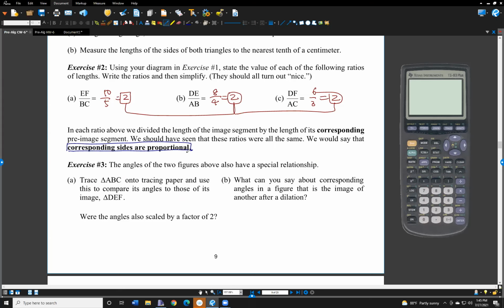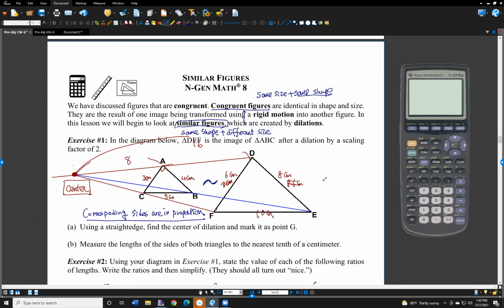And now exercise 3. The angles of two figures, what happened? Well, the sides are what? Increased with the same multiplier. But what about the angles? Angles don't change.